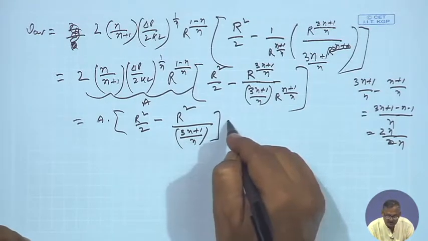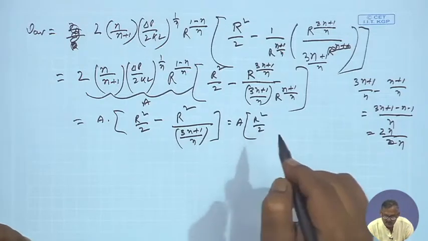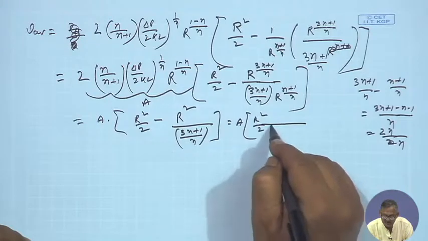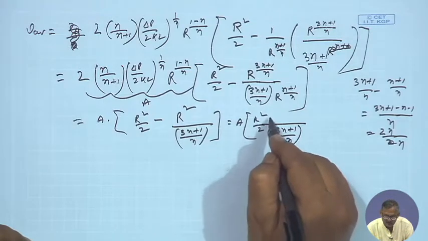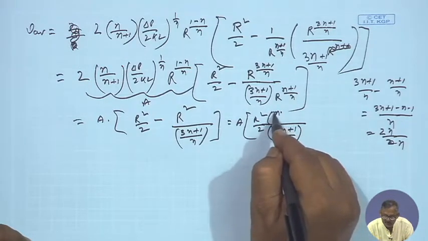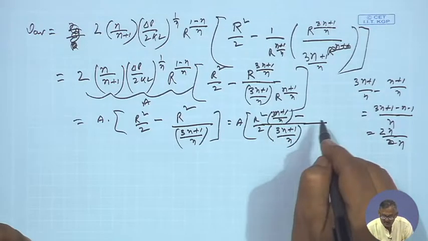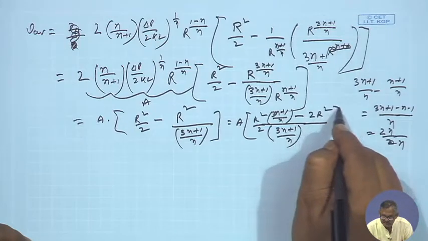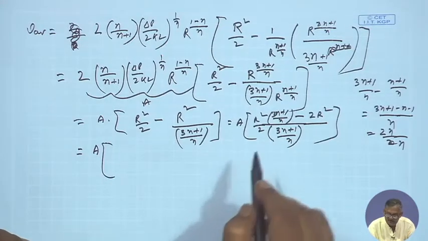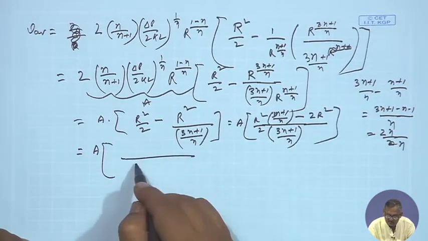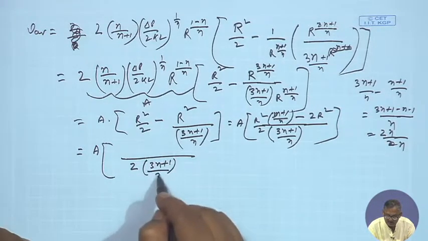So, if we again simplify, this is a into r square by 2, right. So, this is 2 into 3n plus 1 by n, right. So, r square into 3n plus 1 by n, this minus this is 2r square, right. This is equal to a times, on the denominator 2 into 3n plus 1 divided by n.